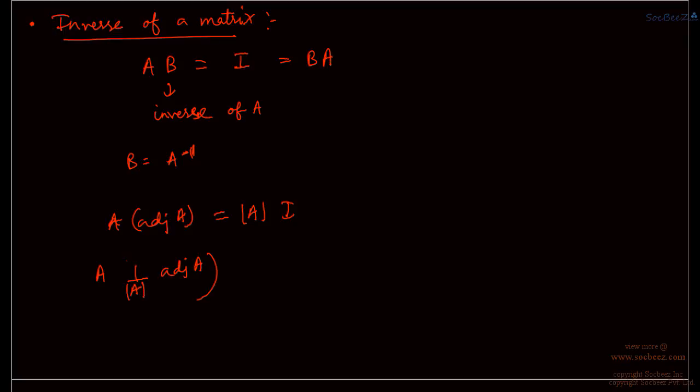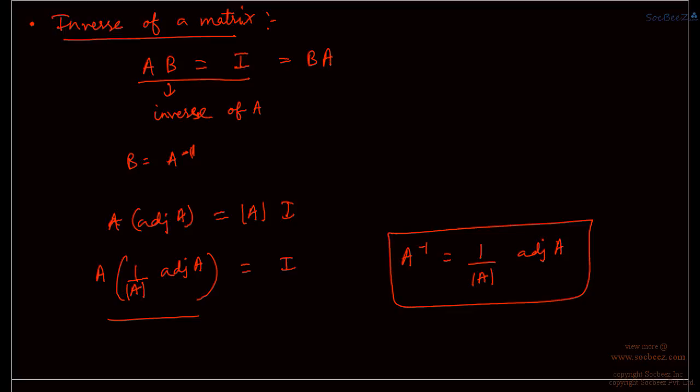And I write it in the adjoint A. Okay. Now, if you compare this form with this one, you see that this part here, 1 by determinant A into adjoint A, is nothing but the inverse. So this gives us a very important formula to determine the inverse of a matrix.